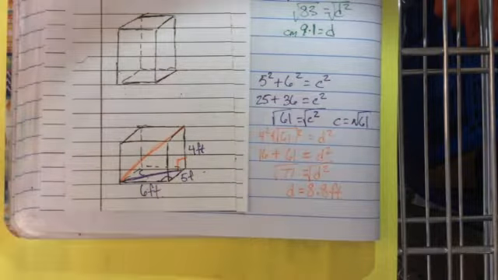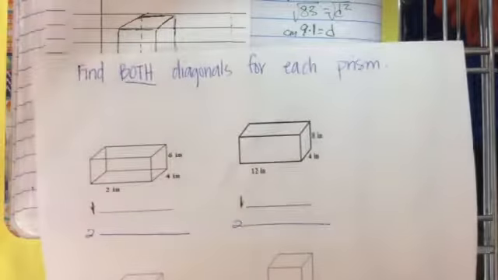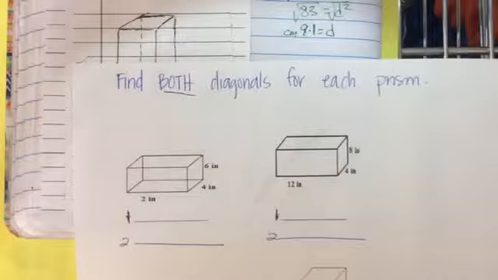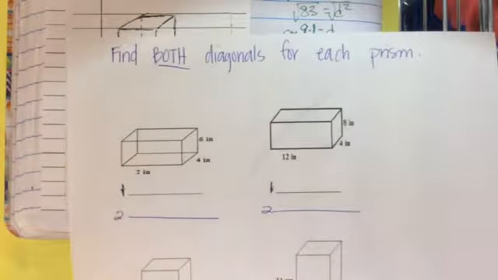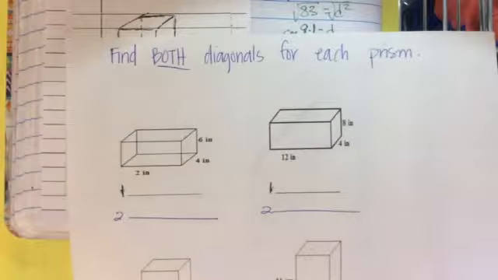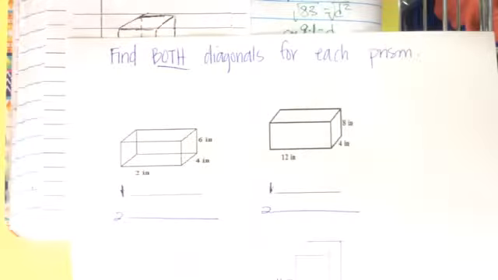As I pass out these papers, on the back side, on the side that does not have the Eric Hosmer problem, write this at the top and put 1 and 2 under each of the 4 problems. I'm passing this paper out. Once you get it, turn it over to the back side, and at the top right, find both diagonals.